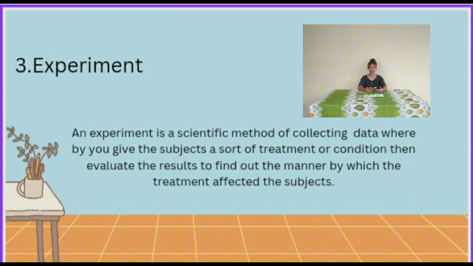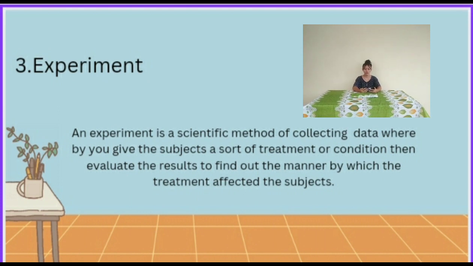Third, experiment. An experiment is a scientific method of collecting data whereby you give the subject a sort of treatment or condition, then evaluate the result to find out the manner by which the treatment affects the subject and to discover the reason behind the effects of such treatment on the subject.